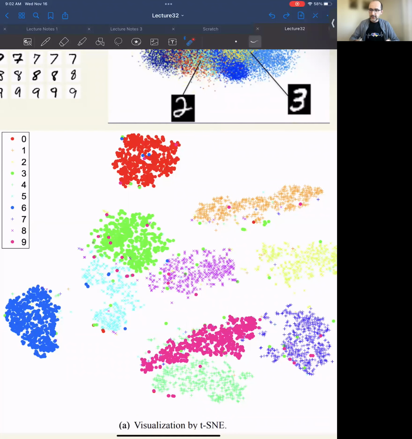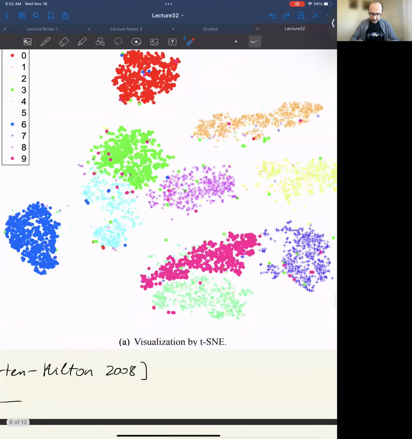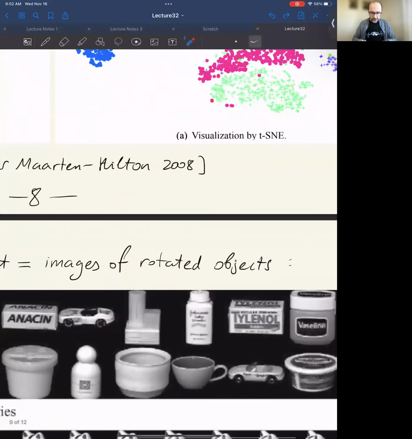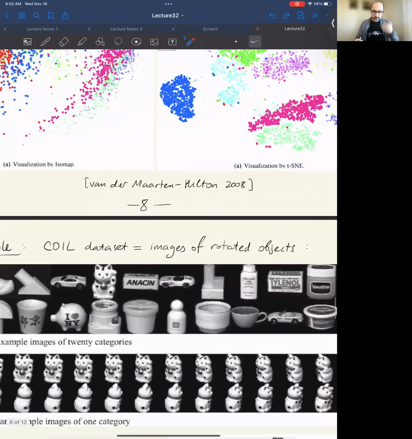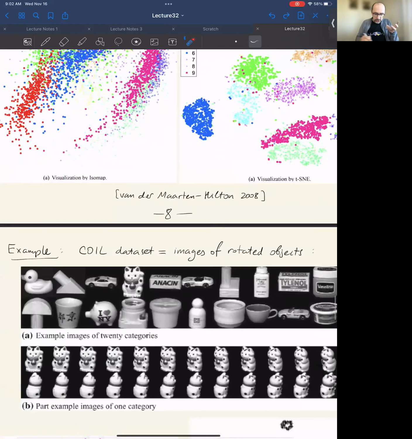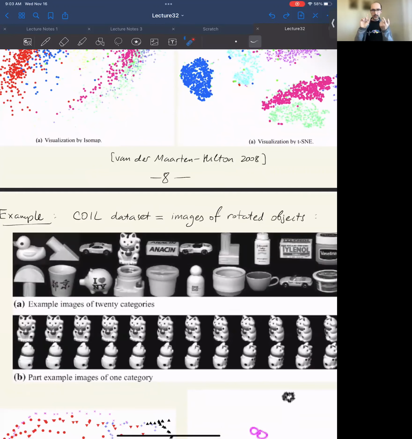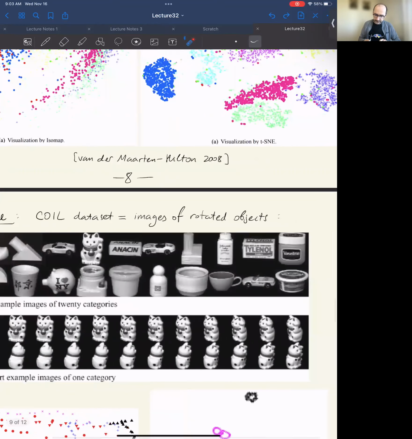Okay, second experiment. Another benchmark model is a COIL dataset, COIL 20 dataset. These are images of rotated objects. We just have one duck, let's say, we put it on a rotating platform, and we capture the images of it as it rotates every 5 degrees, I think. So this is, for example, the set of images for one, I don't know who this is, a cat maybe, as cat rotates.